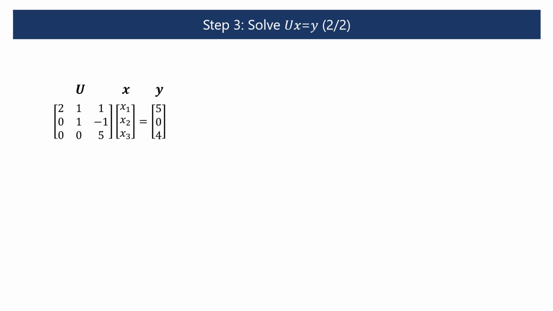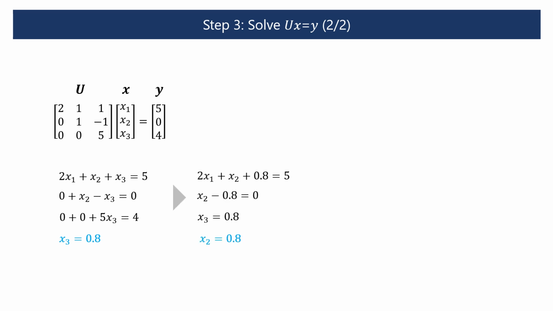Now, let's apply backward substitution to solve Ux equals y. Let's set up the system of equations. Let's start with the third equation, as it only involves x3. We can find that x3 equals minus 0.8. We can substitute this value into the second equation to solve for x2.